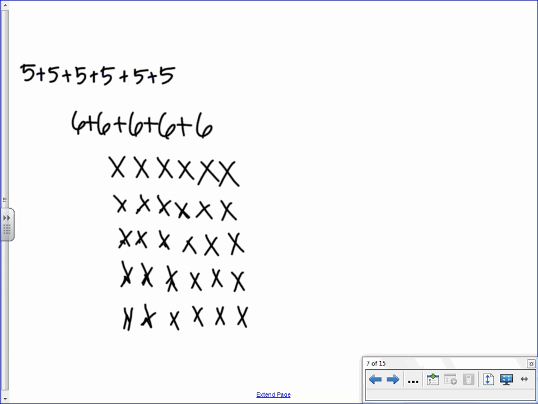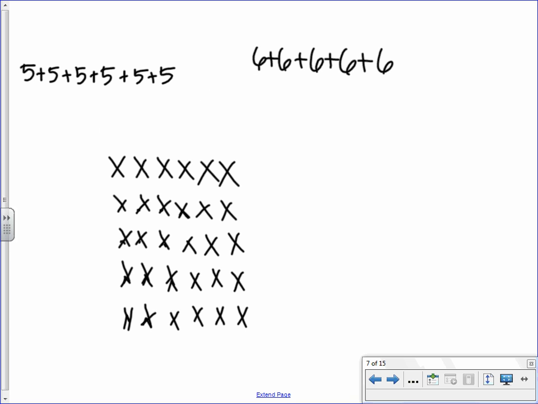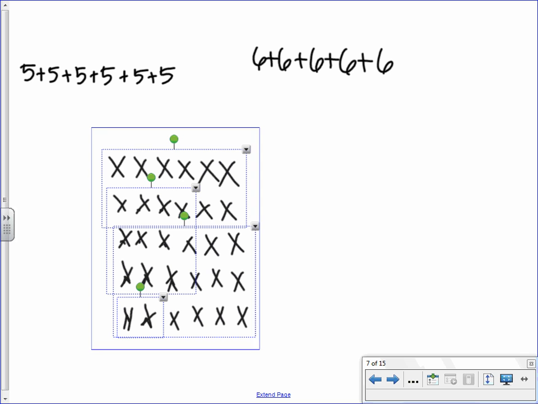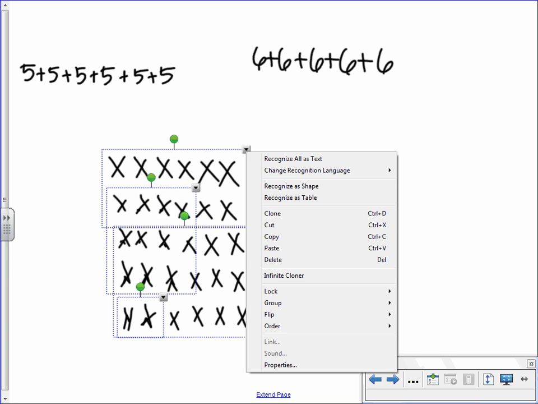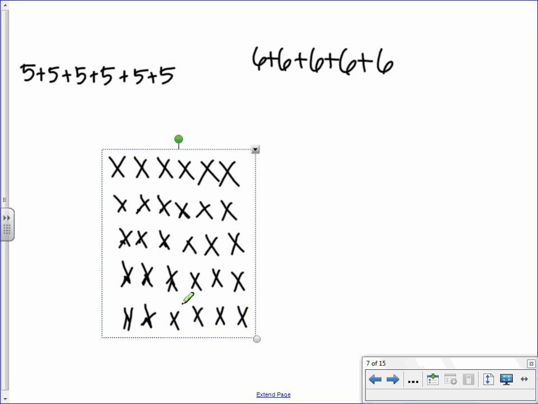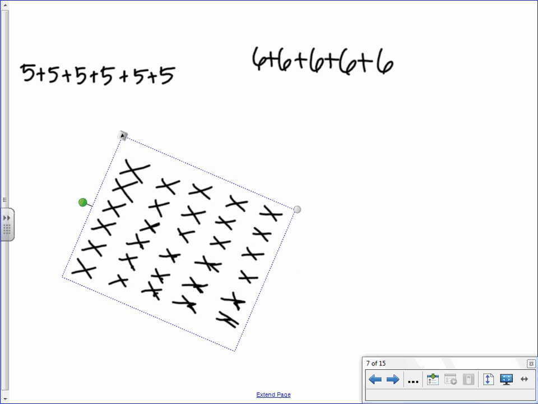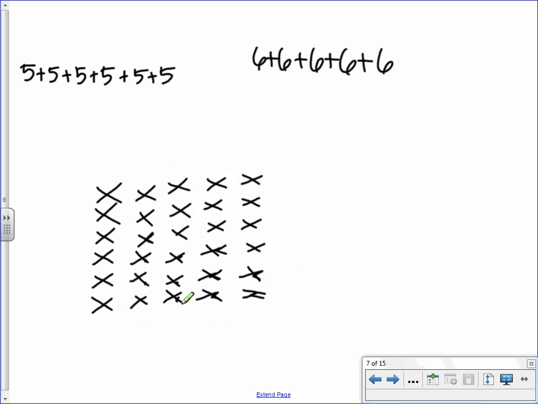So right now I'm showing this, 6 plus 6 plus 6, because I'm looking at each row. There are 5 rows of 6. To show this array that Joanna originally said, I'm going to make a group. And now I'm showing 5 plus 5 plus 5 plus 5 plus 5.